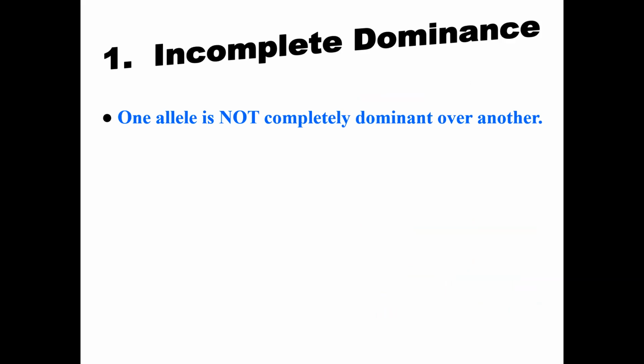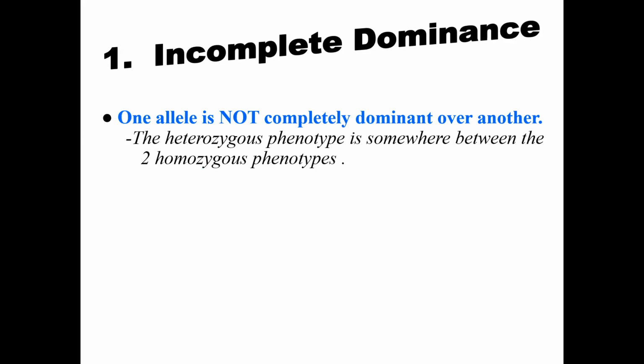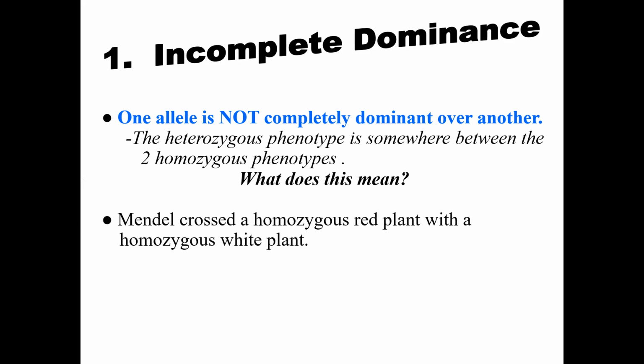In incomplete dominance, you do not have, once again, dominant and recessive, okay? Instead, you have a blending occurring, right? It's also different from the codominance we mentioned earlier. We have a blending effect occurring. So the idea is that in the case of incomplete dominance, both alleles want to show their traits, right?